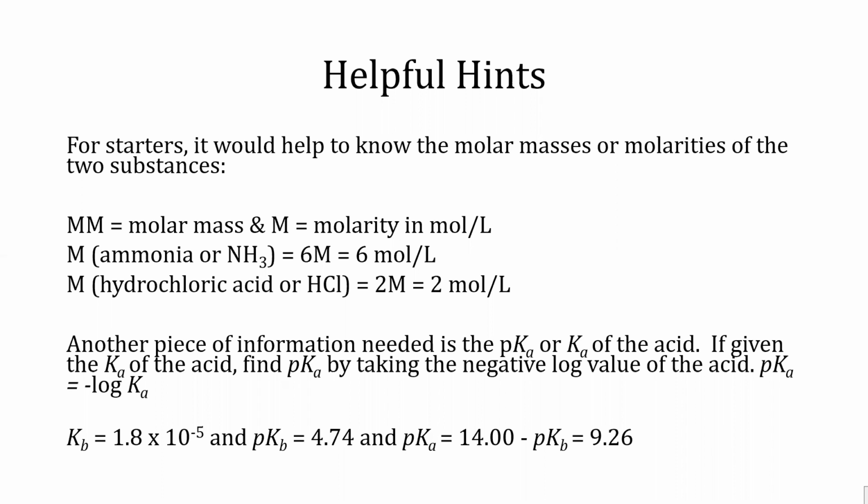Kb equals 1.8 times 10 to the minus 5, and pKb equals 4.74 for ammonia, and pKa equals 9.26 for ammonium ion.